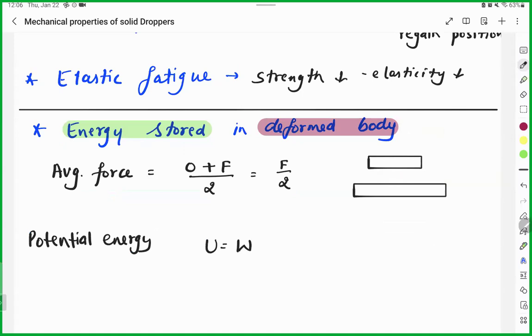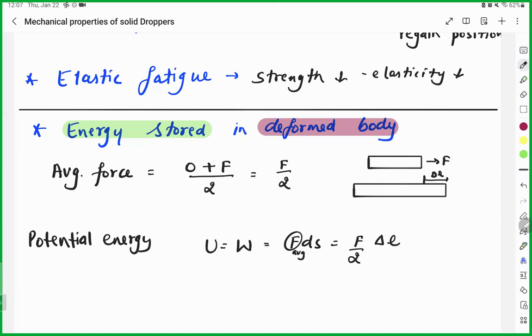Example, you applied X amount of force on this, and because of this force, there is an increase in delta L. You can calculate work done: force into displacement. The work done will be force into displacement. Your average force F will be F by 2. ds is actually equal to delta L, because here we are considering you are increasing length.